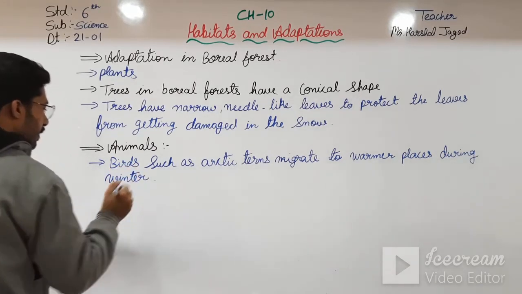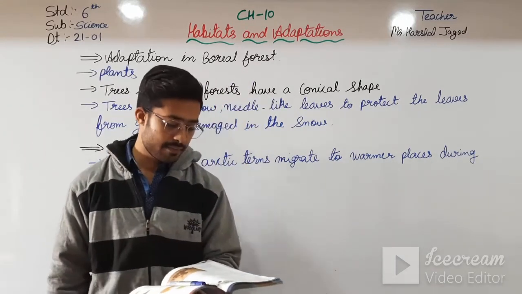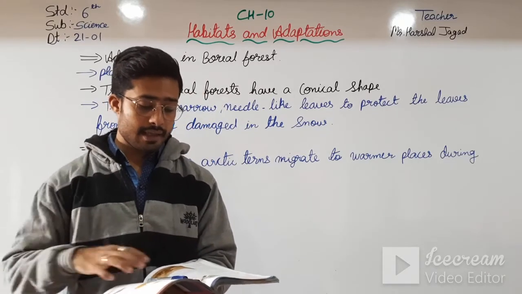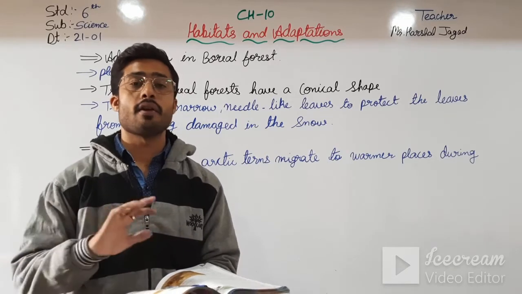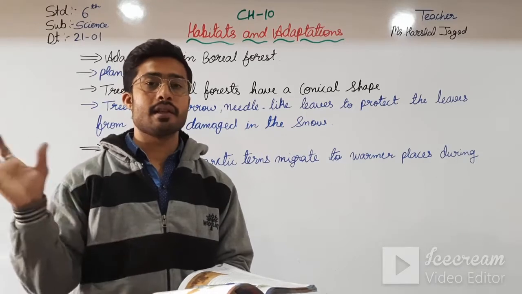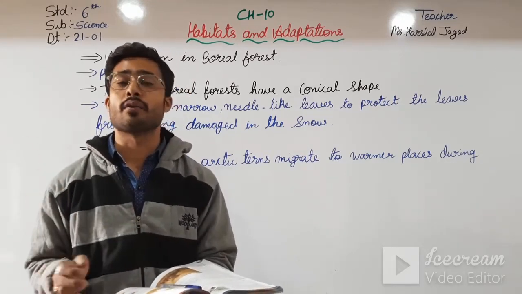And another one is some animals such as bears and skunks hibernate. They just stay in an inactive state. They will not come out of their home for the winter season. They collect the food and all the things for the whole winter, and they will not come out of it.